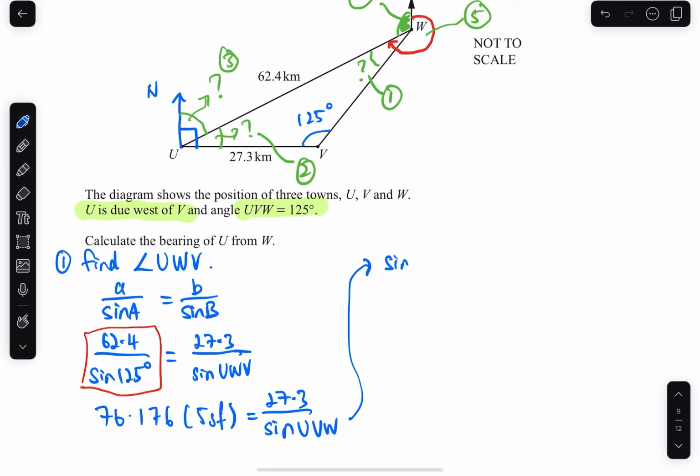I'll make sine UWV the subject: it is 27.3 divided by 76.176.